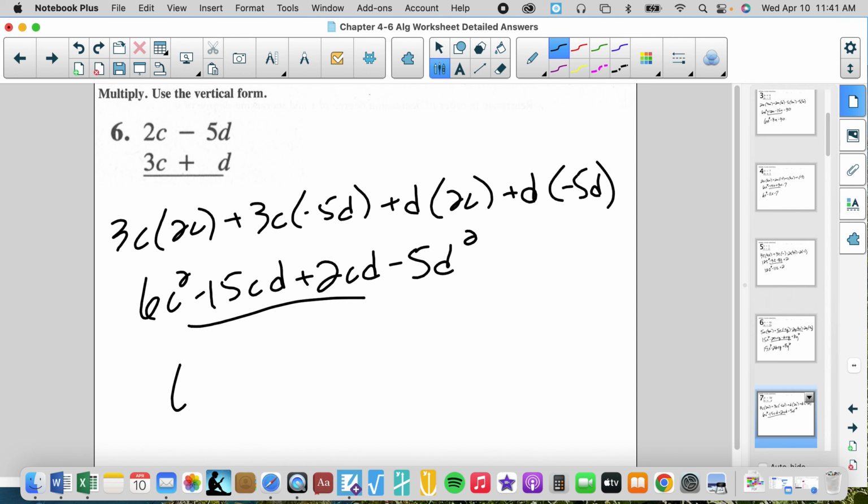Like terms, 6c squared minus 13cd minus 5d squared. C is going to come before d squared because this is my first variable. I understand there's a d there and there are more d's on this one, but it's determined by your first variable.